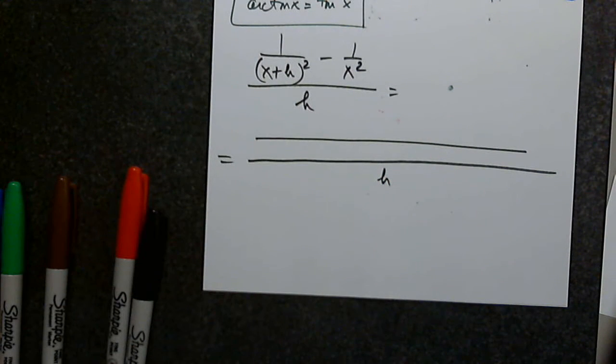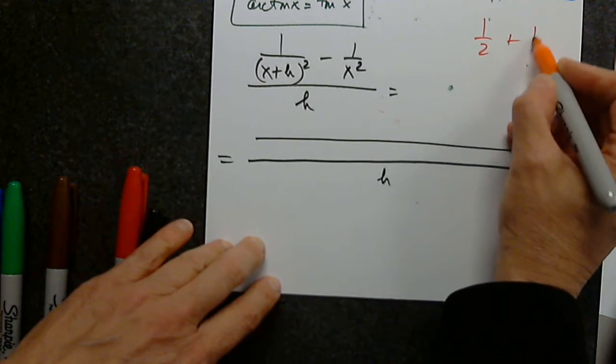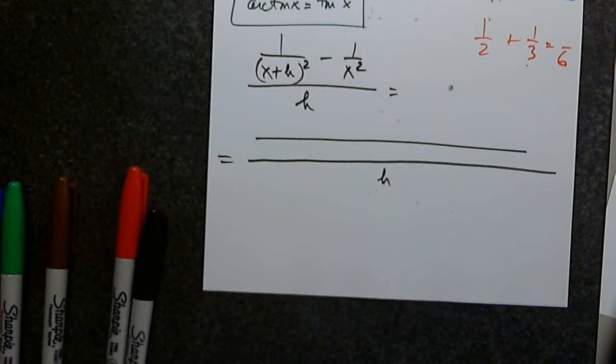Of course, they have nothing in common. It's like adding 1/2 to 1/3. The least common denominator must be 6. 2 and 3 have nothing in common. x squared and (x plus h) squared, they have nothing in common. The least common denominator must be their product. No question.